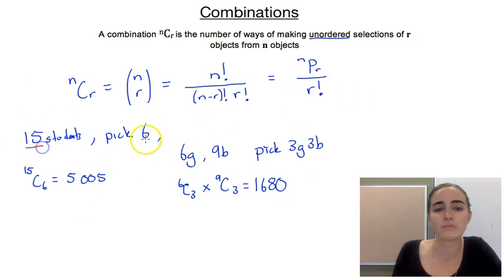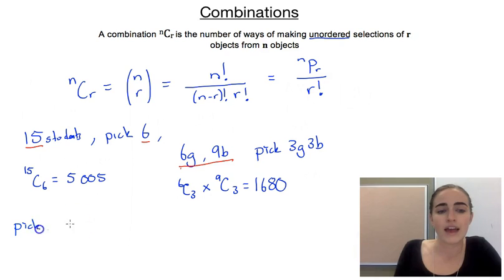For the last one, we're still going to use that there are 15 students and we're picking 6 of them, and that there are 6 girls and 9 boys. But this time, instead of picking 3 of each, I want to pick at least 3 girls.